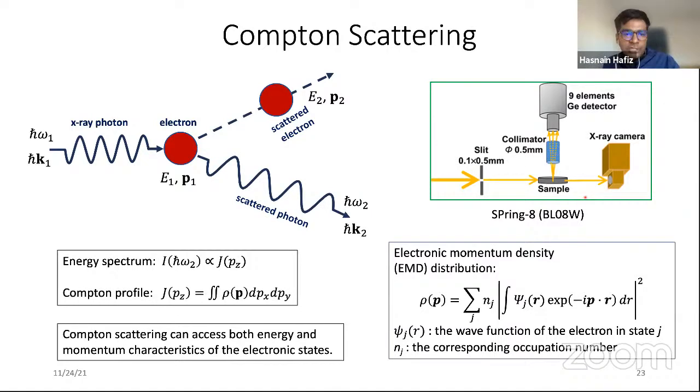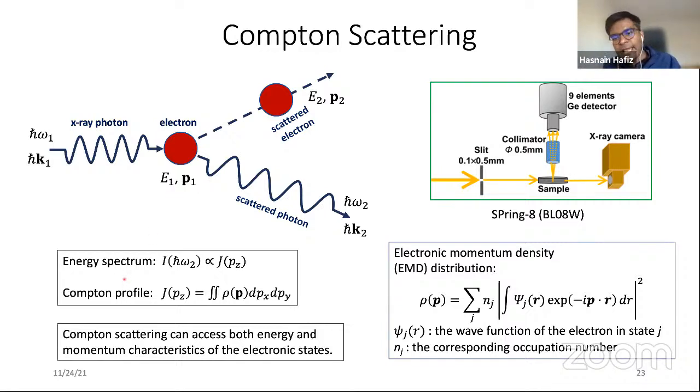This shows a cartoon of Compton scattering, where X-ray photons strike electrons of a sample, and we can detect the spectrum of the scattered photons, which is related to a quantity called the Compton profile.